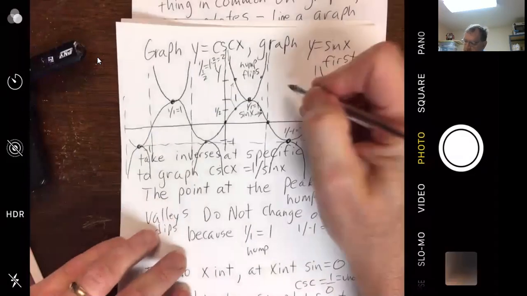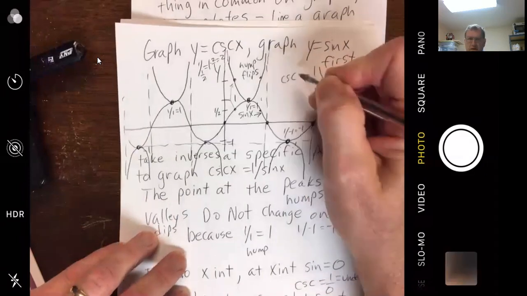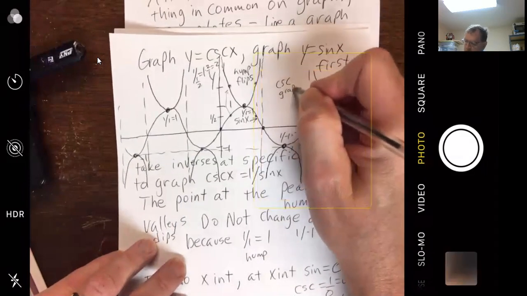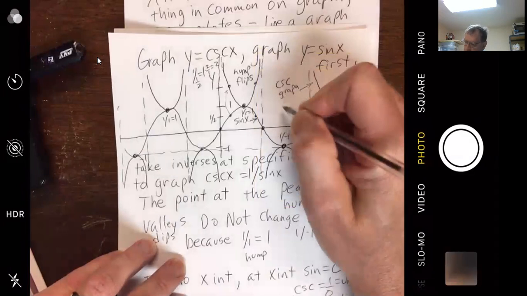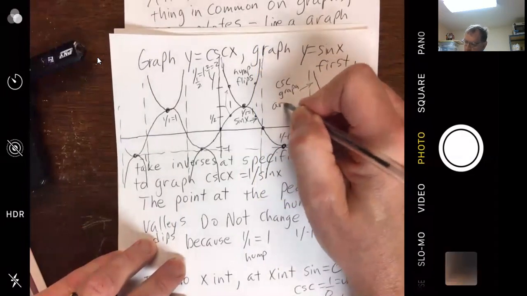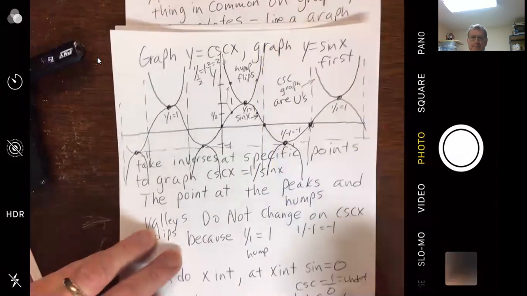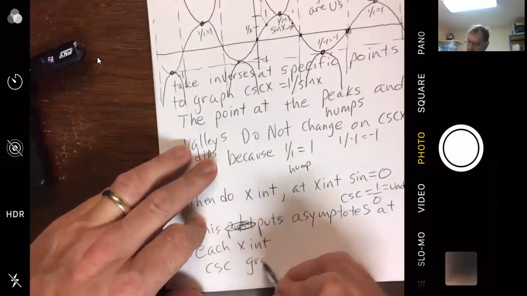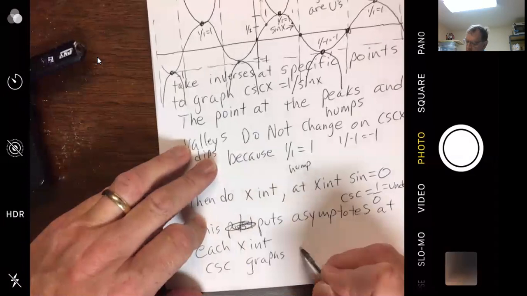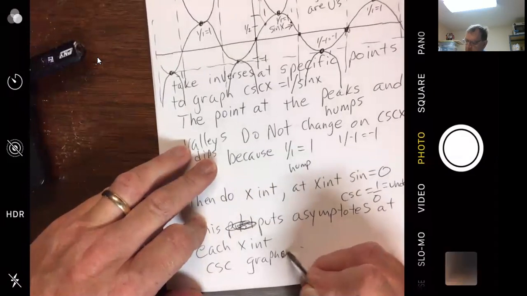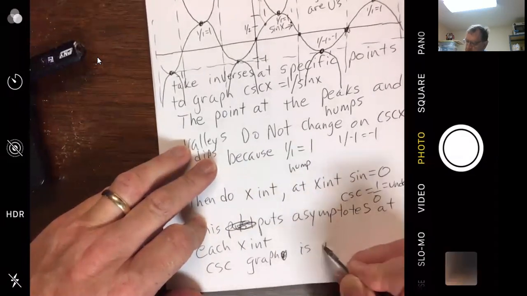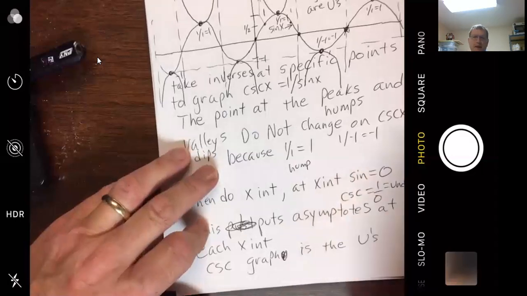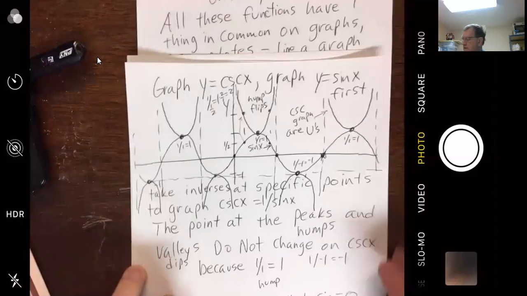And so the cosecant graph is the U's. All right, well, let me show this on the calculator.